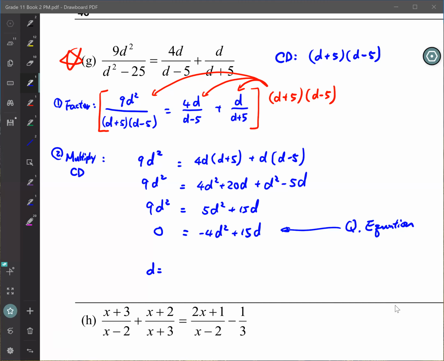Only 4 people finished? Is there anyone who got stuck after factoring? Okay, Evan, can you tell us what to do now?